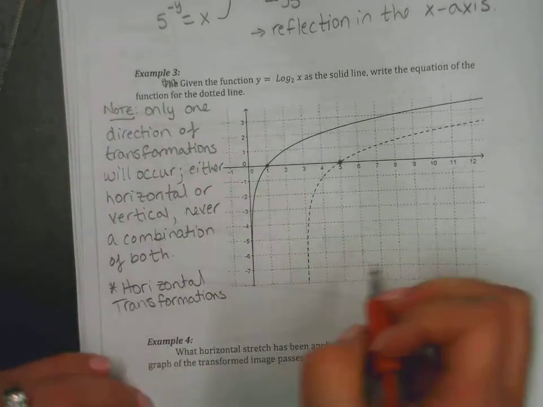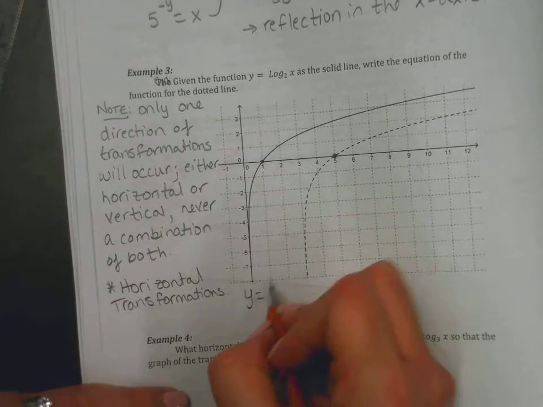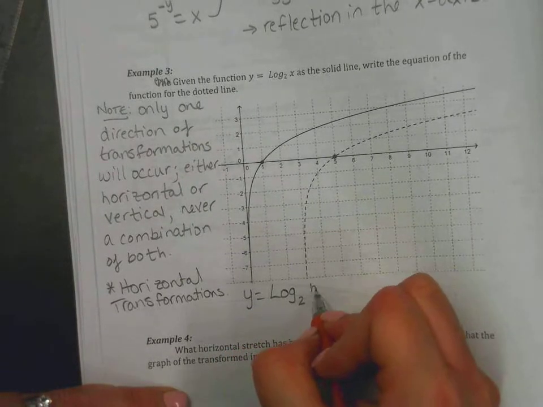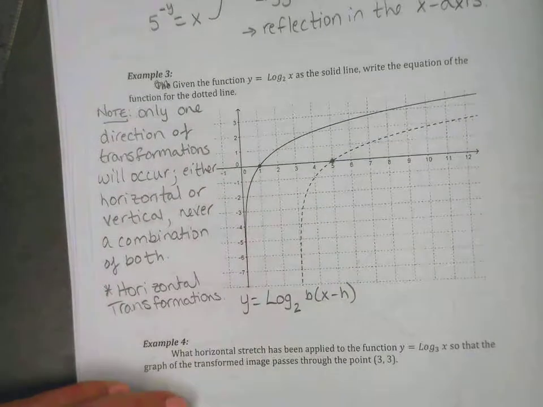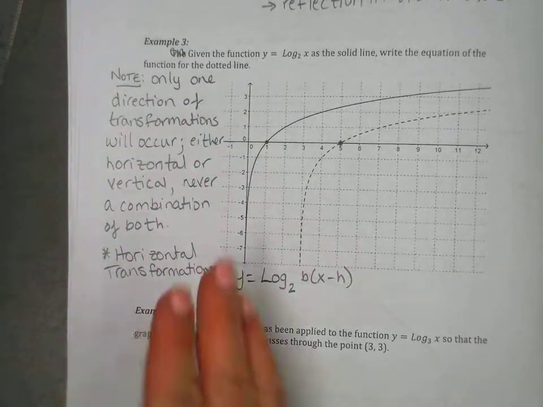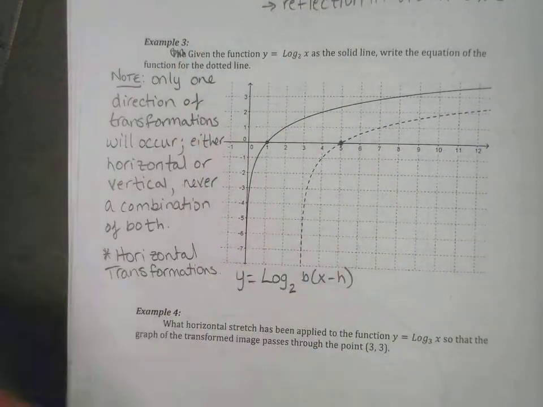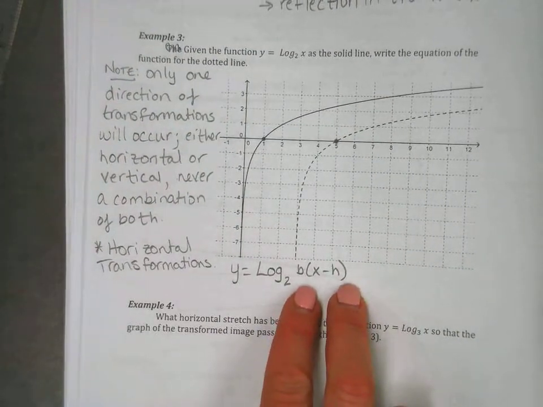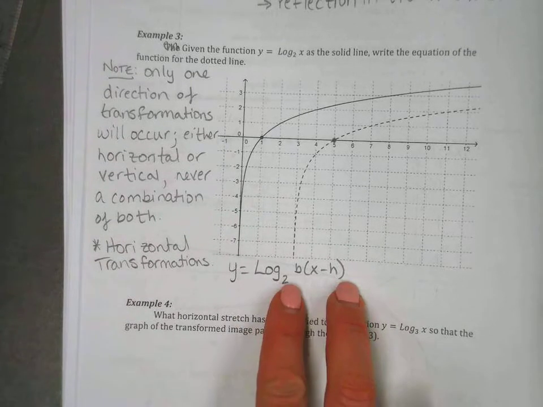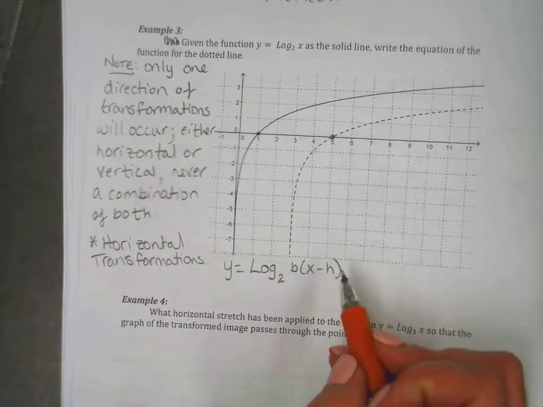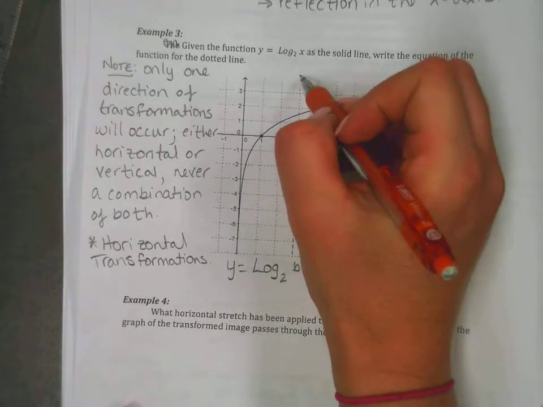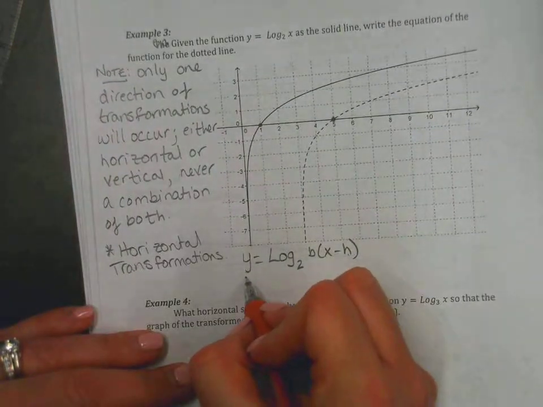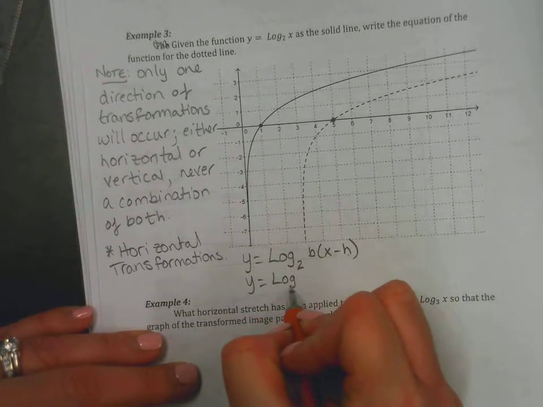So I'm going to start by writing this out. Because my vertical asymptote has changed, I know that my h value has to be the same as my vertical asymptote. So my h value is going to be 3. I'm going to substitute that in.